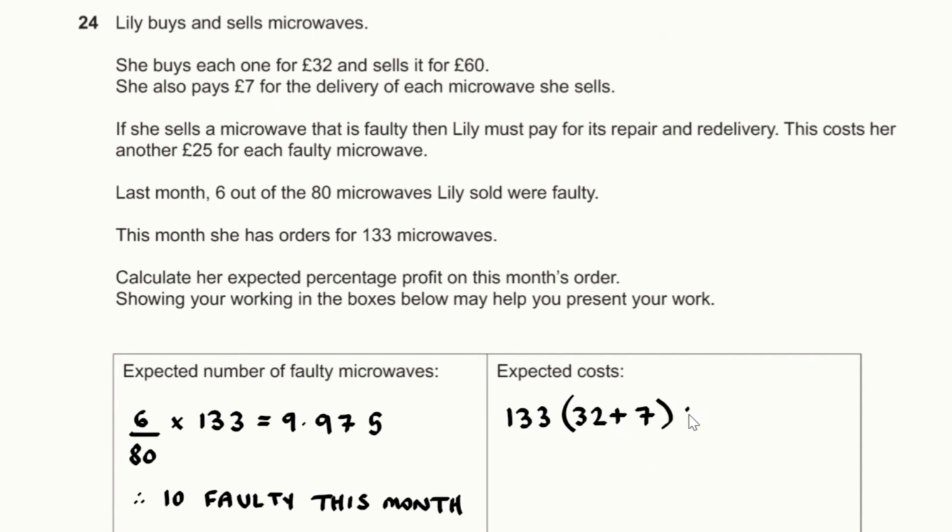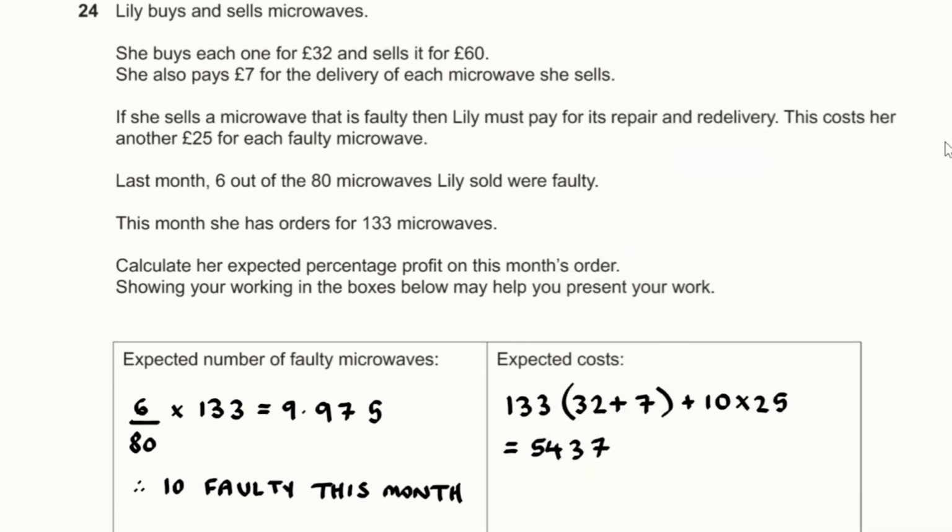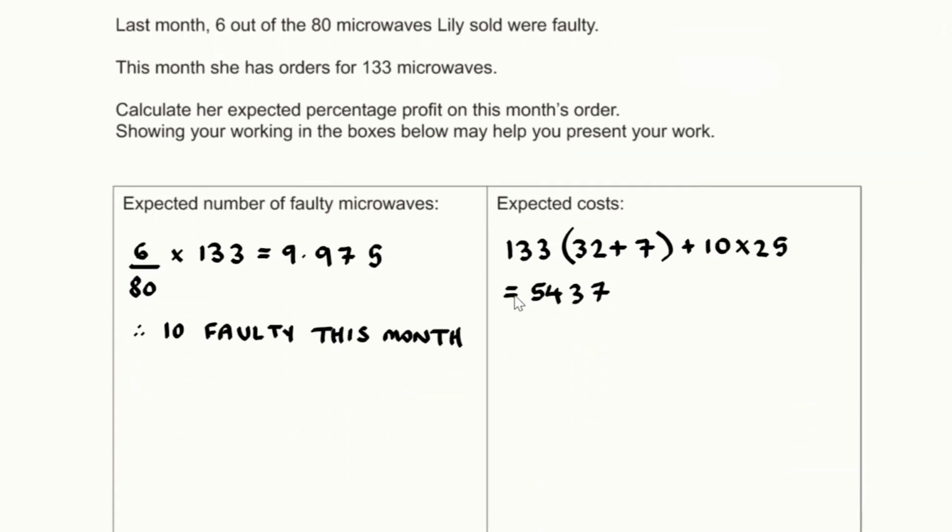And then with the 10 that we are expecting to be faulty, we also have to pay £25 for these. So the expected costs then is £5,437. So this is how much we are expecting everything to cost.